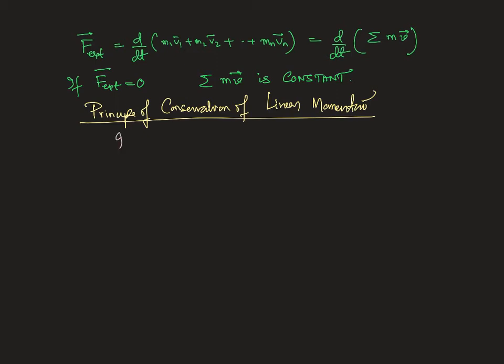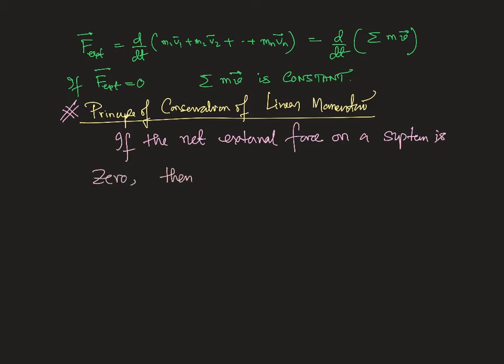So this we can see. Now we'll state the principle of conservation of linear momentum. If the net external force on a system is 0, then the total linear momentum of the system is conserved.